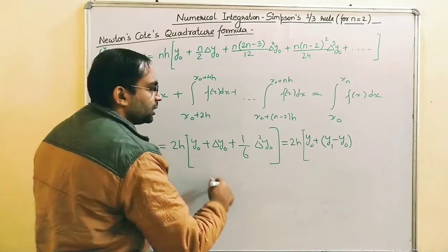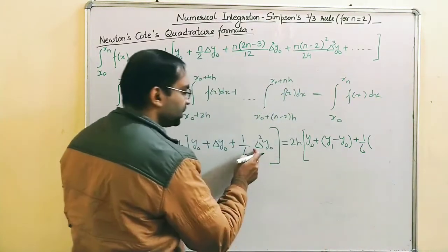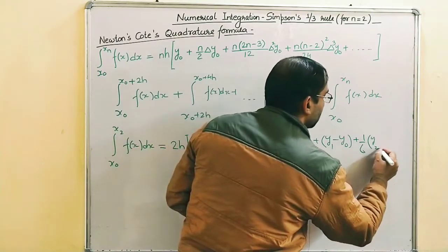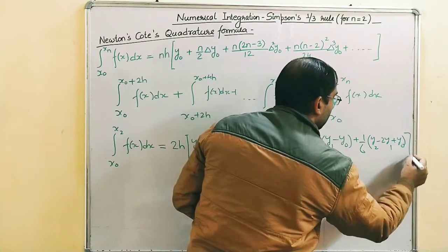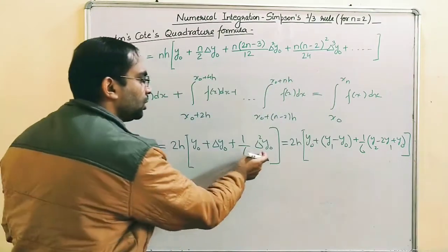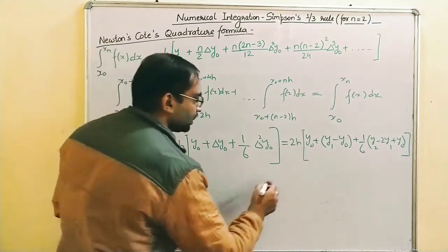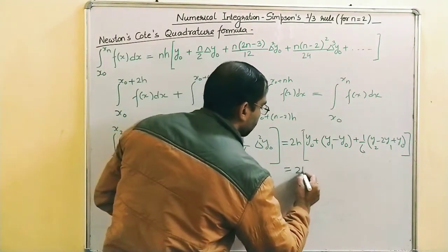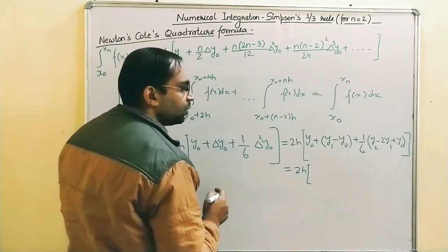Then del 2 y0, so this will be, let me write 1 upon 6, del 2 y0 is y2 minus 2y1 plus y0. So this is the formula for del 2 y0.